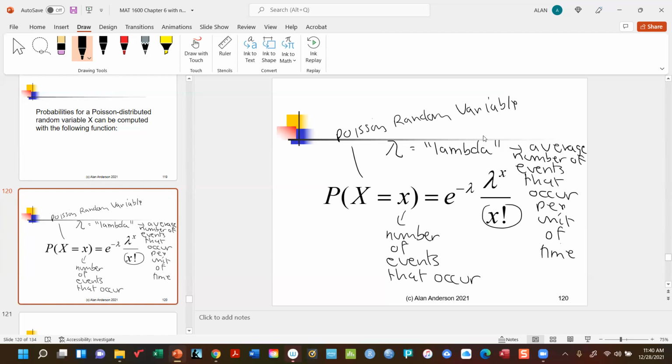Now, by the way, the time frame is defined in the problem. It could, for example, be a year. It could be a week. It could be a day. It could be an hour. It could be anything. That's something that you have to be told in the problem. So lambda represents the average number of events that occur during that particular time frame.